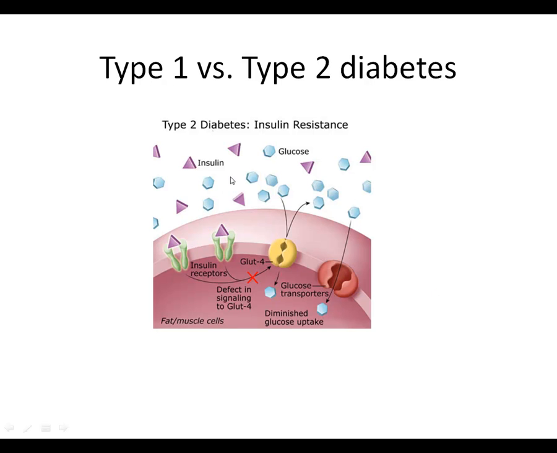In type 2 diabetes, there's no problem with making insulin. In fact, some people with type 2 diabetes will have hyperinsulinemia, so they make too much insulin.